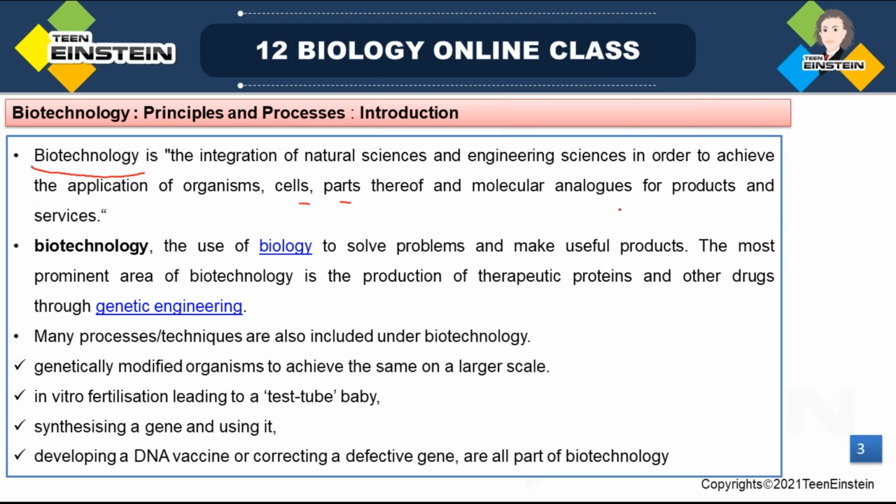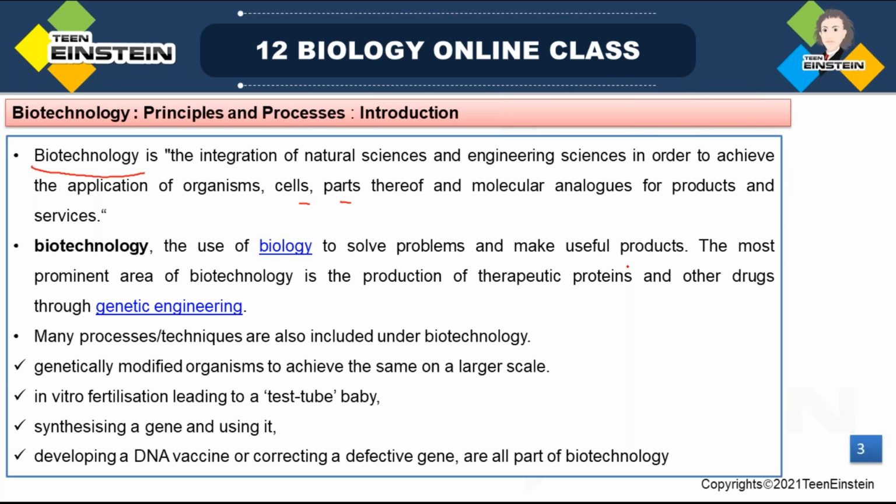So that's how we make use of these technologies and biology. Biotechnology is the use of biology to solve problems and make useful products. We need to make useful products by applying biology and engineering science. How to apply biological theories with the help of engineering science and make useful products, that's what we are going to learn from biotechnology.